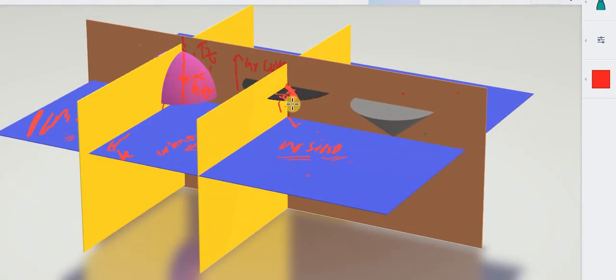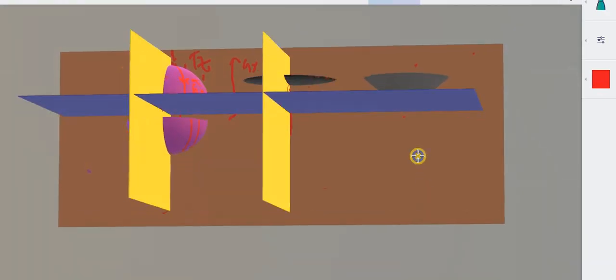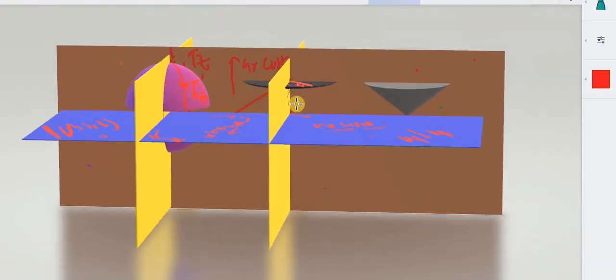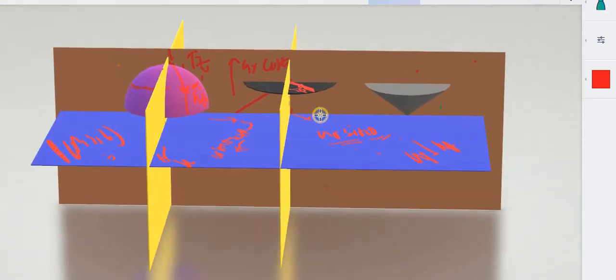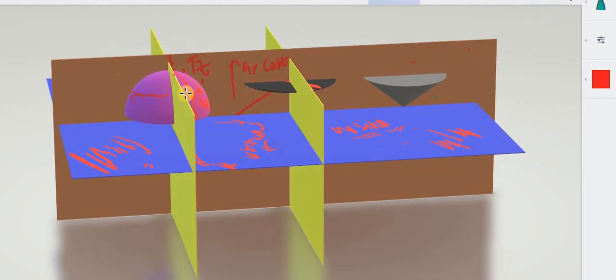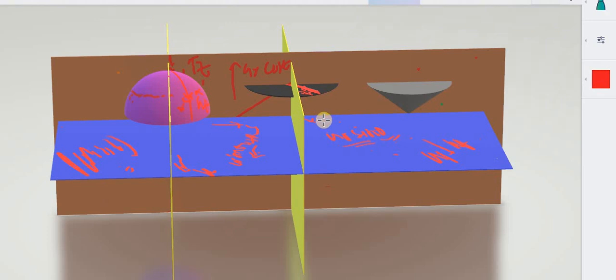The angle between this AR and A theta is 90 degrees, and this angle is theta. AR and A theta are at 90 degrees.